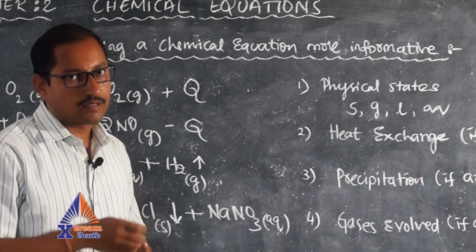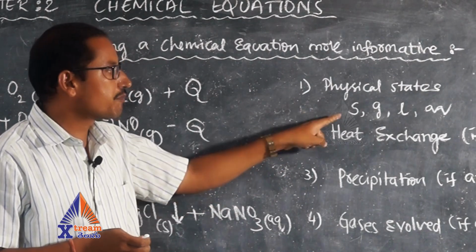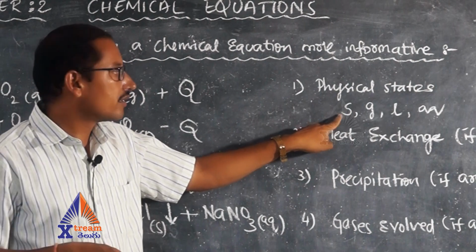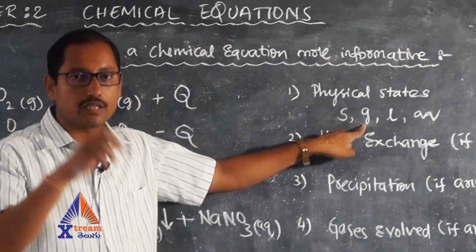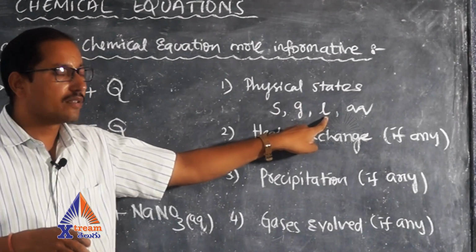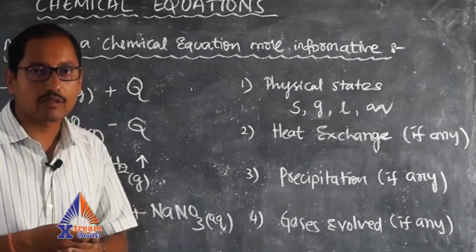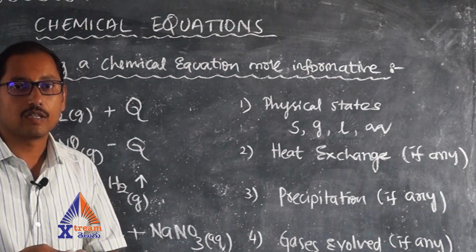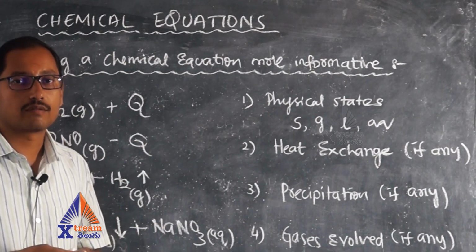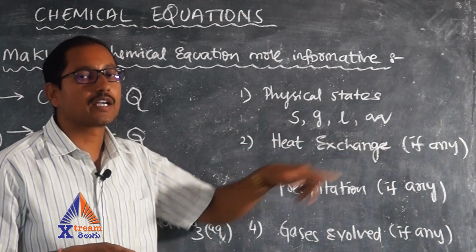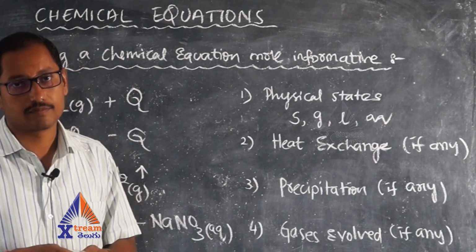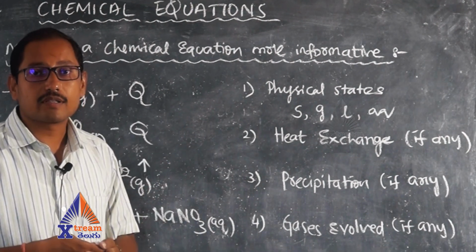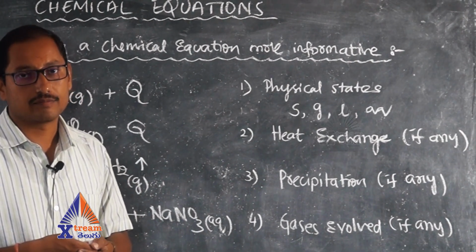If it is solid in its physical state, we represent it with S. If it is gas, we represent it with G. If it is liquid, we represent it with L. If it is a solution made in water, if any chemical is dissolved in water, then we represent it with AQ, that is nothing but aqueous. These are the different physical states that can be represented in the chemical equation.